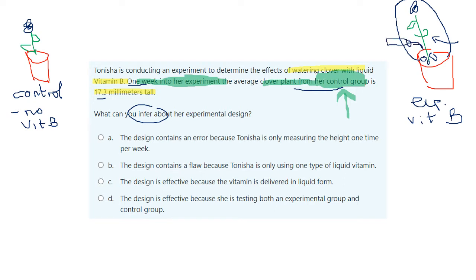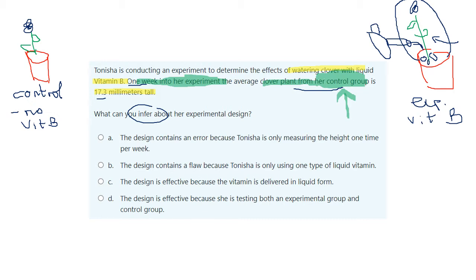So she gets a watering can and she's watering with vitamin B. So if she is watering with vitamin B, it's good, but other ways would also work. C is good, but it's not a great answer.